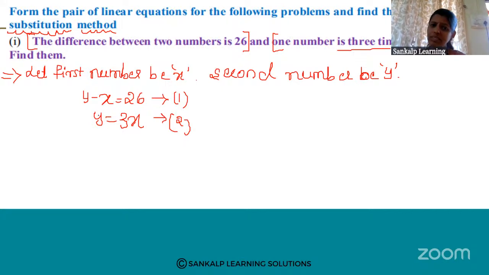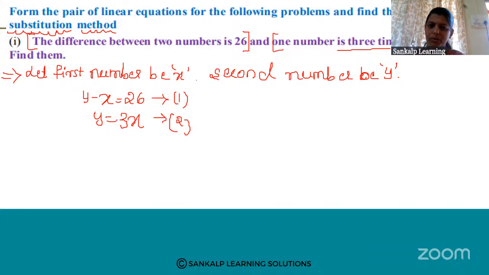Now, observe carefully. They have mentioned to use the substitution method. So what are we doing in the substitution method? We substitute the value of x or y in the other equation, right? Here y is equal to 3x, so we are substituting the y value in equation number 1.